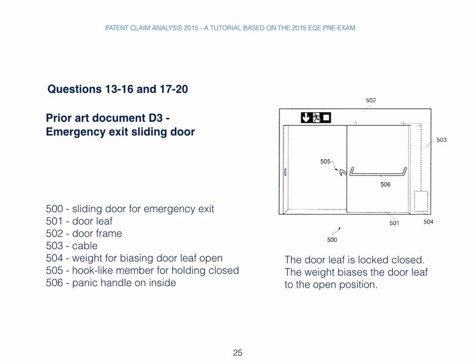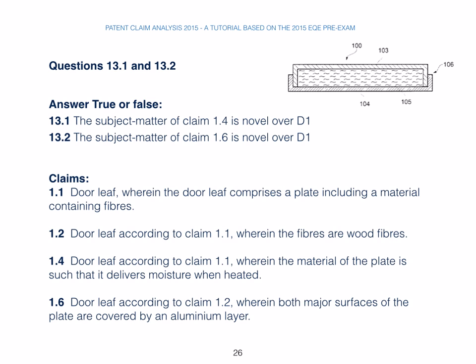And paragraph 4 of D3 says that the door is made of light, thin material such as cardboard, and it's only used as an emergency exit door, and layers of material such as aluminium or wood can be used as the outer surfaces. So they are the three prior art documents. Let's turn to questions 13.1 and 13.2. Here now we have the drawing of D1.